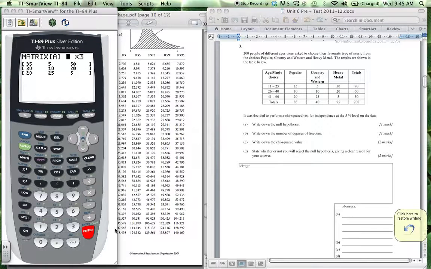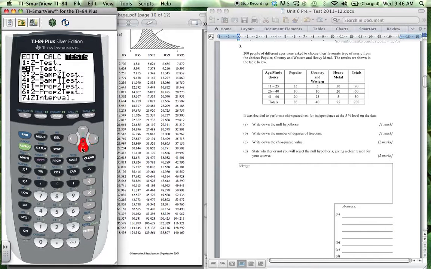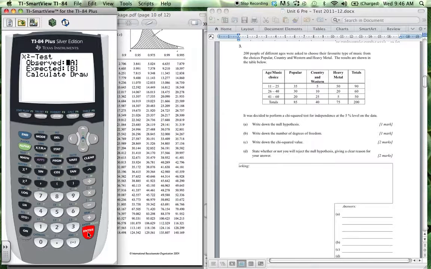Then we go to stat, and we go along to tests. And then we have to go down to our chi-square test. And there it is over there. So we go there and we say enter. Now it's saying the observed and the expected.